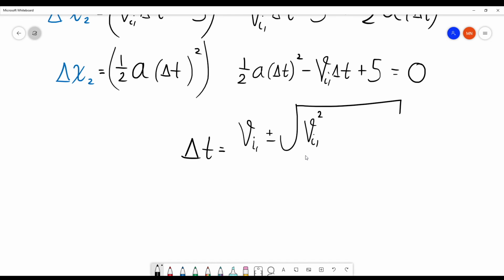So we've got opposite of b plus or minus the square root of b squared minus 4 times a, which is 1/2 a, times our c value, which is just 5, and then we're going to divide that by twice a, which nicely here, twice a is just a itself.